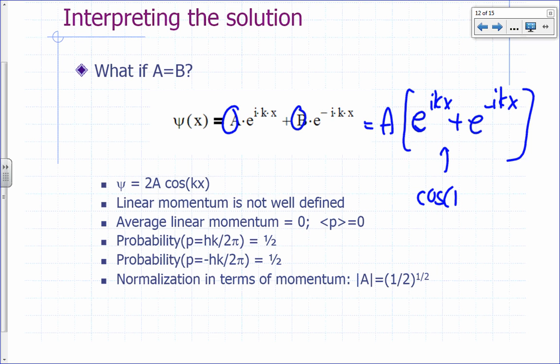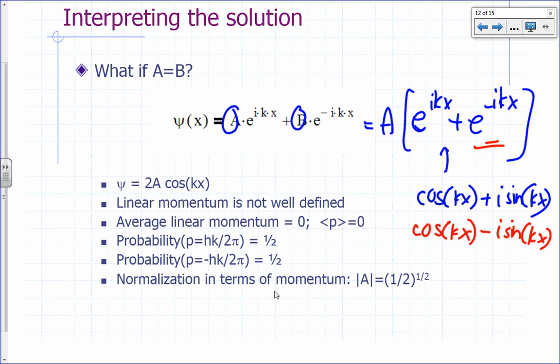Cosine kx plus i sine kx. And this one right here is cosine kx minus i sine kx. So if you add the two, what do you get? Sine cancels out. That's 2 cosine kx. So psi will be 2 times A times cosine kx.